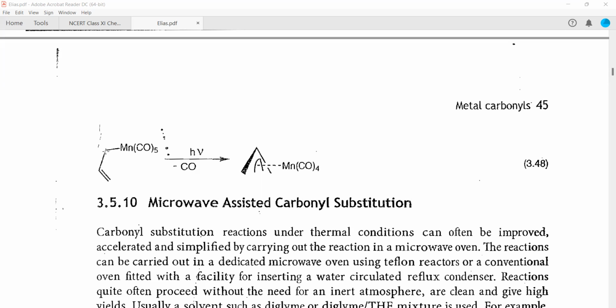Now it is coordinated through 1, but it can coordinate through 3. So if you remove one carbonyl, the metal can also bind through 3. This is what is happening here.